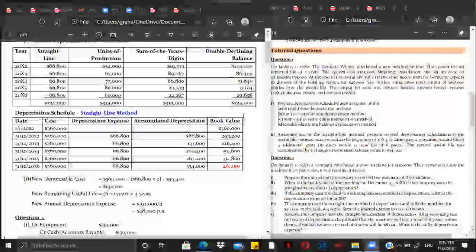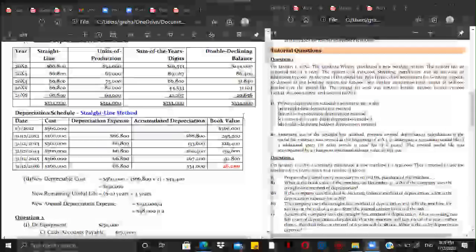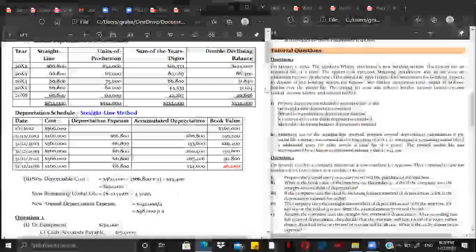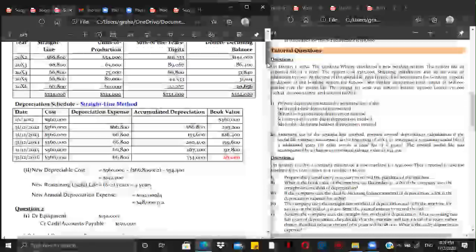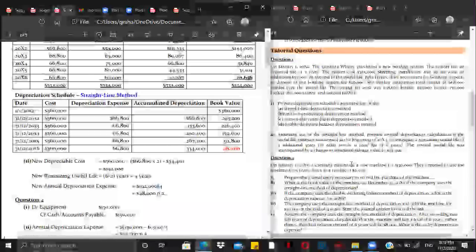So remaining useful life at the end of the year over sum of the year's digits times capitalized cost less the residual value. So we had calculated those from the start. So for year 1, using that method, when you bought the asset, you still have 5 years essentially of use out of it.